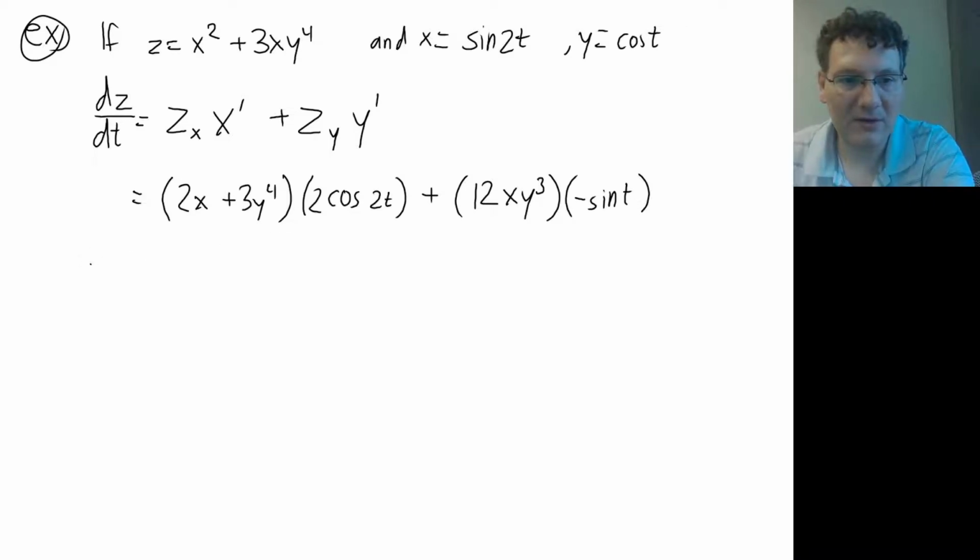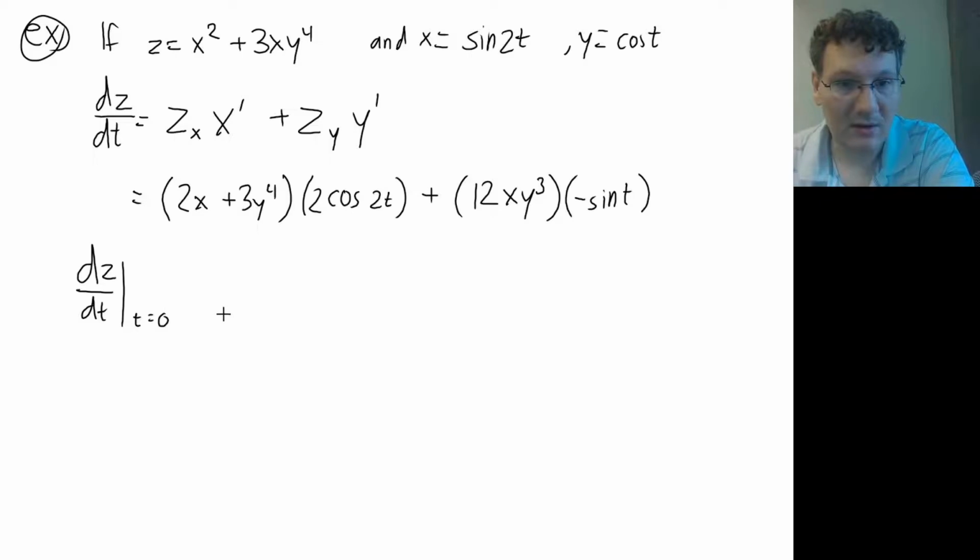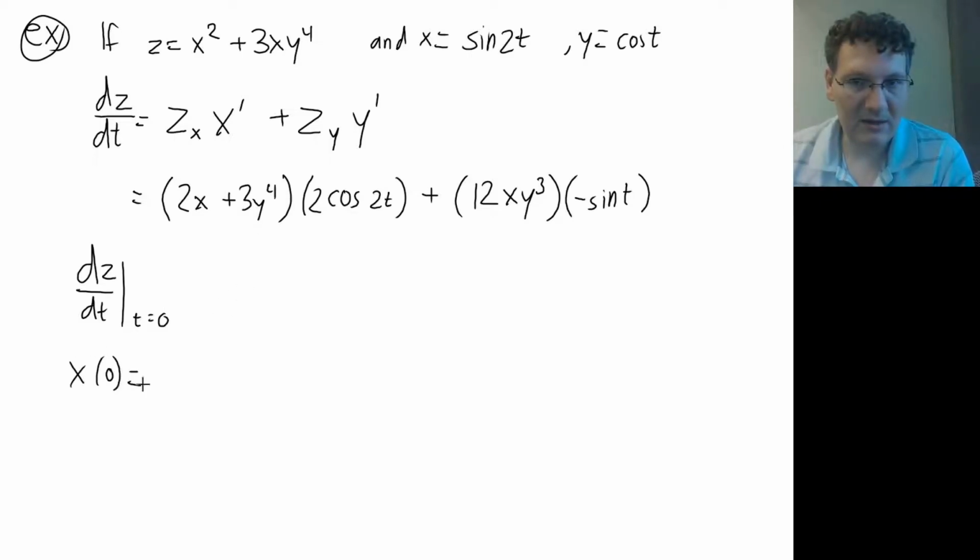And so if I wanted to, for example, get dz dt when t is equal to 0: x of 0 is the sine of 0, which is 0. y of 0 is 1.